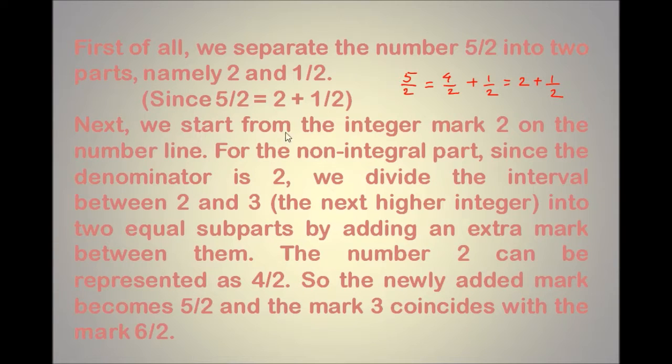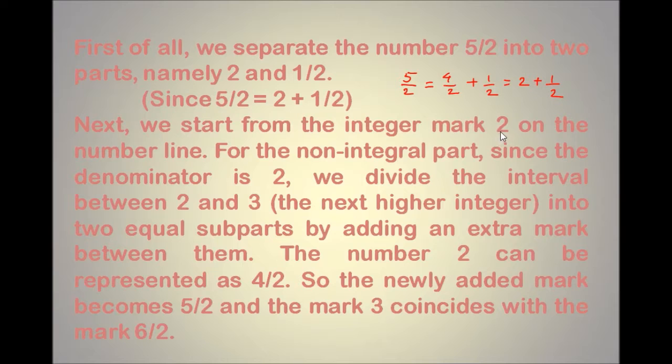Now we start from the integer mark 2. Because we are having this integer as 2, we'll be starting from the integer mark 2. Obviously, since the number is a positive one, it will be lying to the right side of the 0 mark.